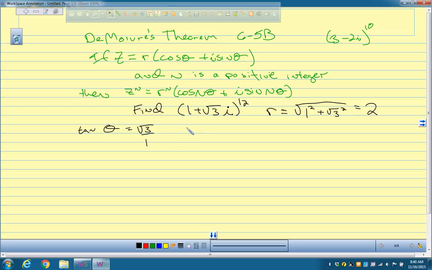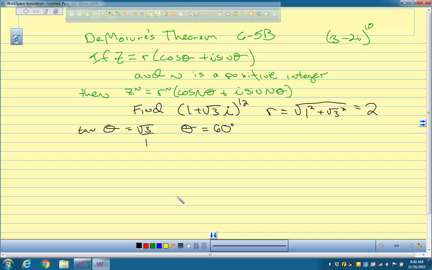Who knows where tangent is equal to square root of 3? It's either 30 or 60. 60 degrees, okay? I leave it in degrees. You could leave it in radians if you want to be more mathematical. But it's 60 degrees.